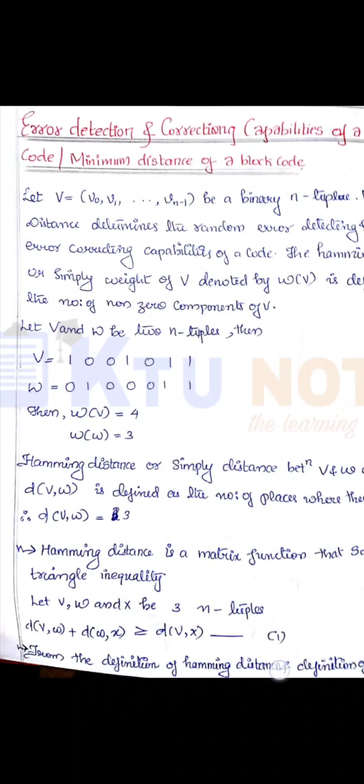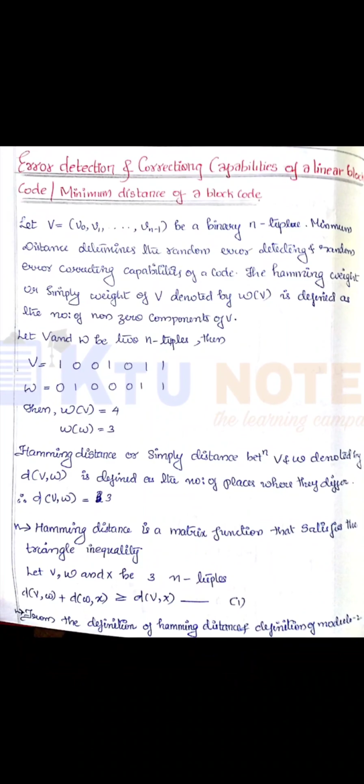Now the Hamming distance is a metric function that satisfies the triangle inequality.